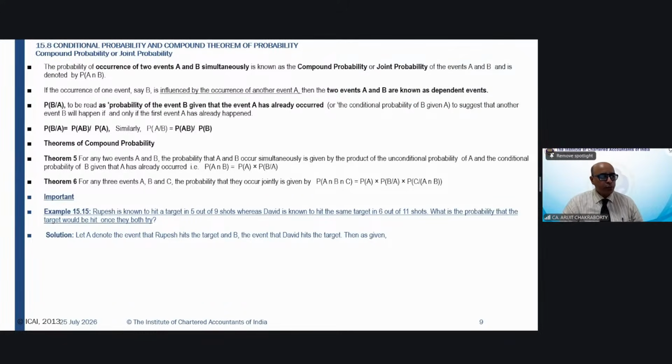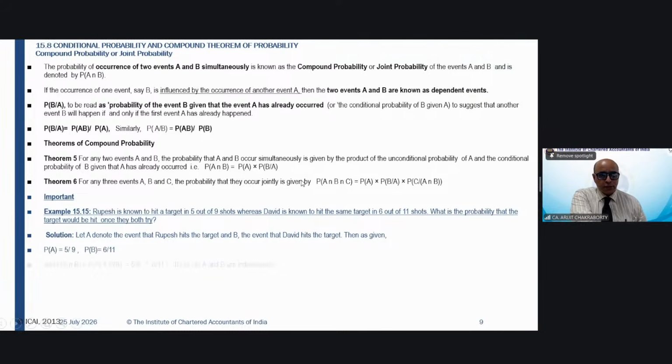So here Rupesh is known to hit a target in 5 out of 9 shots. So the probability that Rupesh hits the target is 5 by 9. David can hit the same target in 6 out of 11 shots. So the probability of David hitting the same target is 6 by 11.